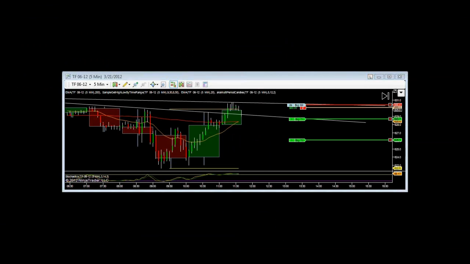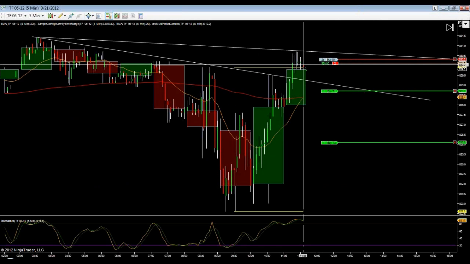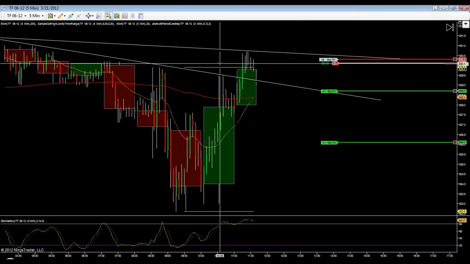We've got about 3 ticks of risk here on this trade for these last 2 contracts. So I'm going to bring that down to about 2, so that we're right at the high of this bar right here. We don't want to be involved anywhere past that.